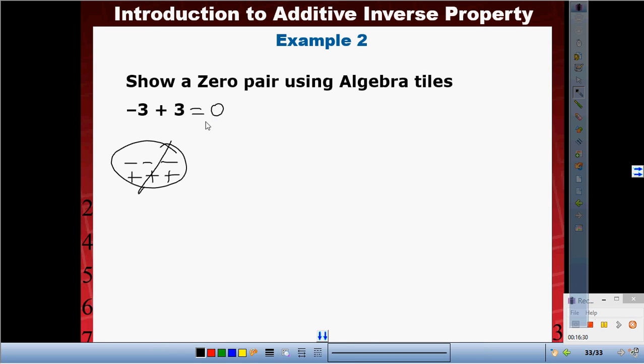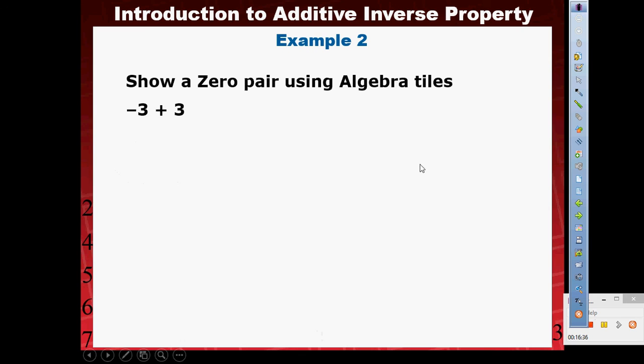Okay, so next, you're going to do this next one by yourself. Last one of these, copy this, example 3, negative 10 plus 10. So hopefully by now you already understand the process that we're using. Copy that, do that one by yourself, and then we'll share.